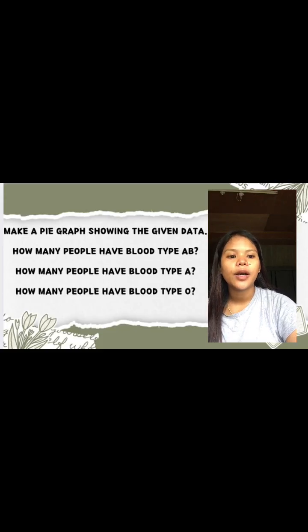Based on the provided data, we can calculate the number of people for each blood type as follows. But before that, let me show you the pie graph I made.